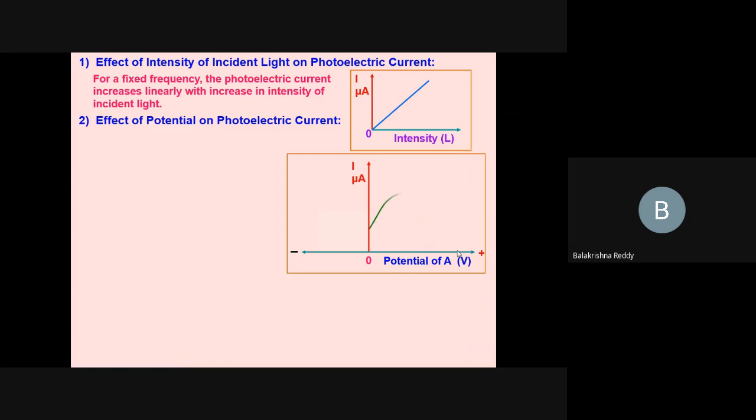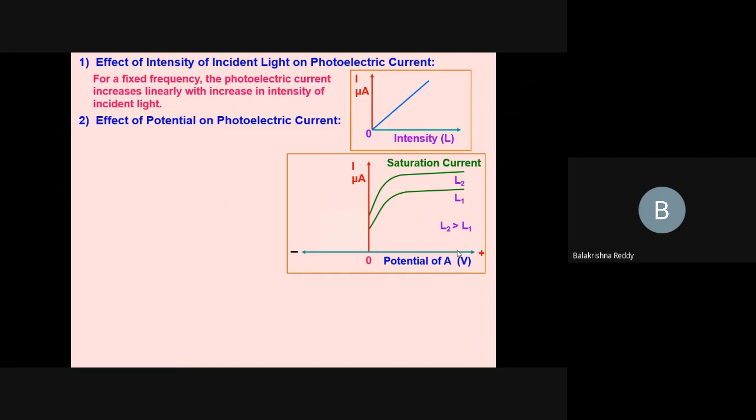We should know it. You are seeing the potential. If I increase the anode potential further, however much you increase it, the photocurrent remains constant after a certain extent. See, I have taken two cases, I1 and I2, two different intensities of incident light. In both cases, however much you increase the anode potential, only that much photoelectric current can come.